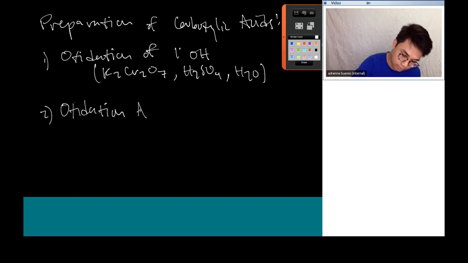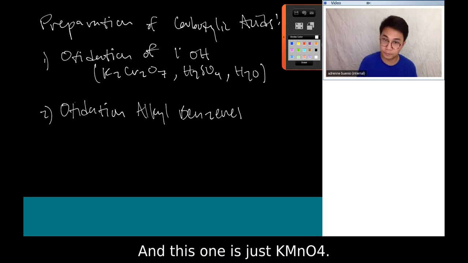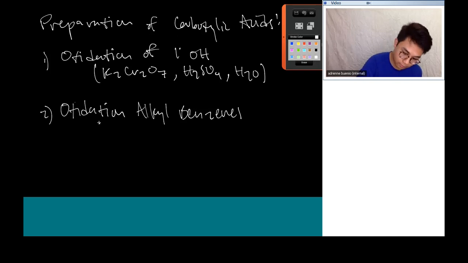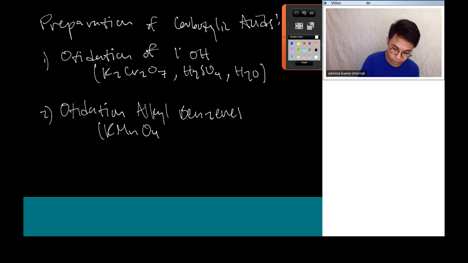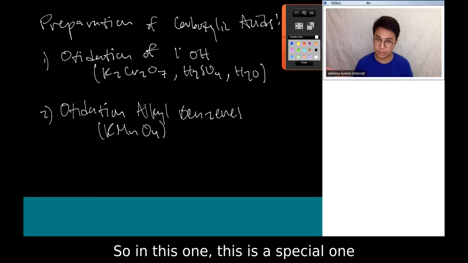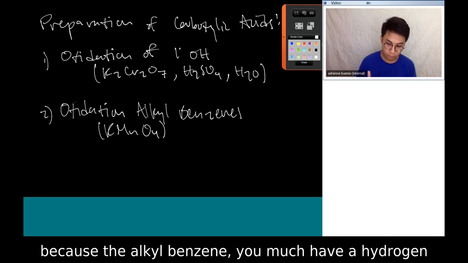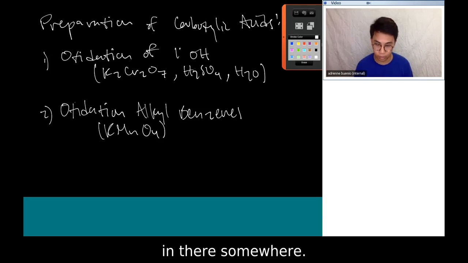Oxidation of alkylbenzene, and this one is just KMnO4. So we're familiar with these, KMnO4, things like that. This is a special one because with the alkylbenzene, you must have a hydrogen in there somewhere, right?